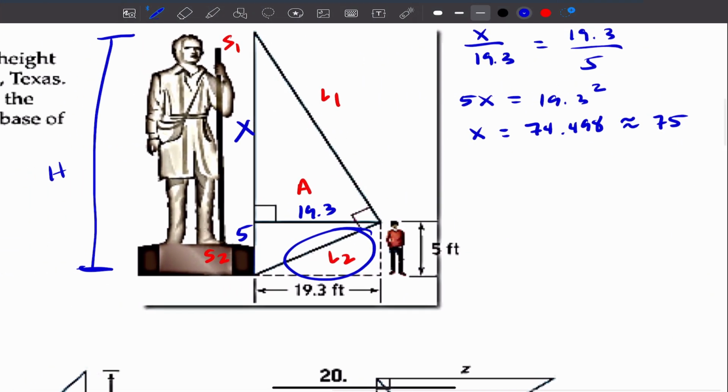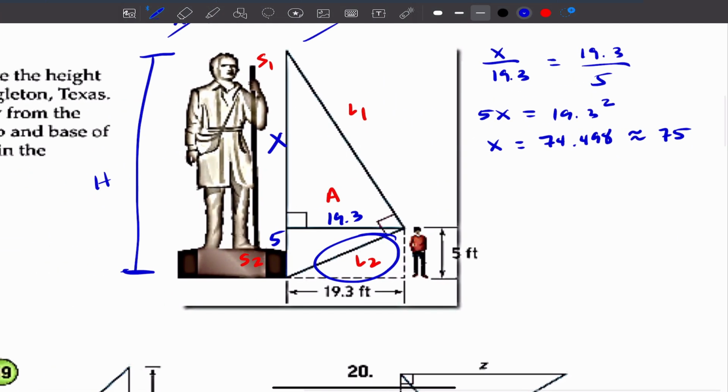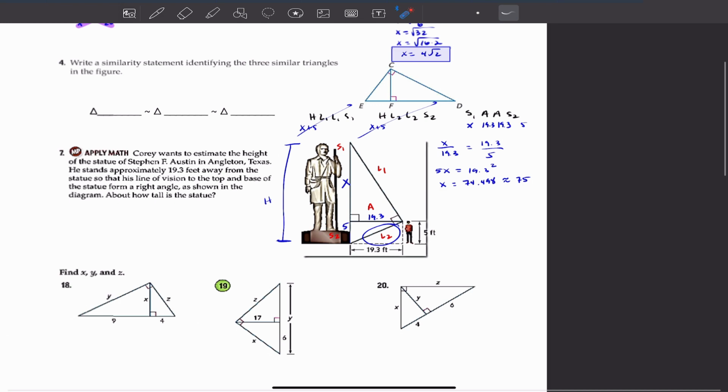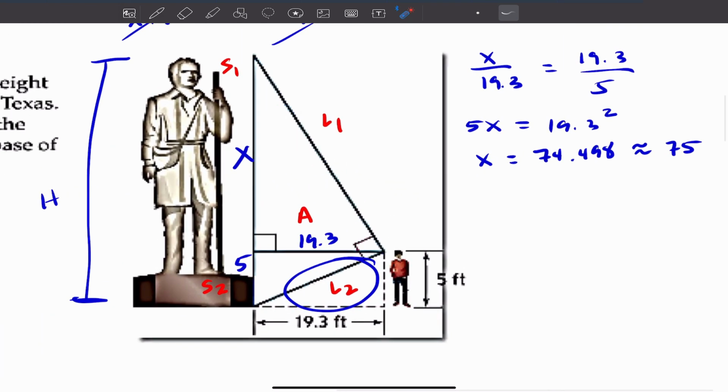I could say that if I know what x is, which is 74.498, or approximately 75, then 75 plus 5 is approximately 80, or if we just stuck with our original answer, 74.498 plus 5 is 79.498. Okay, so I can also accept 79.5 as well.